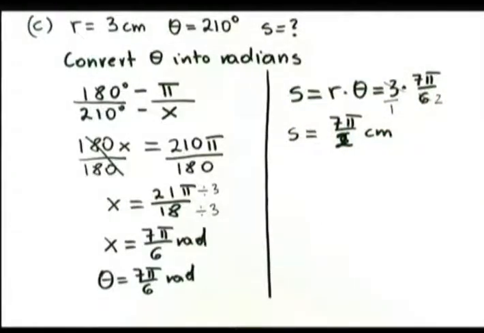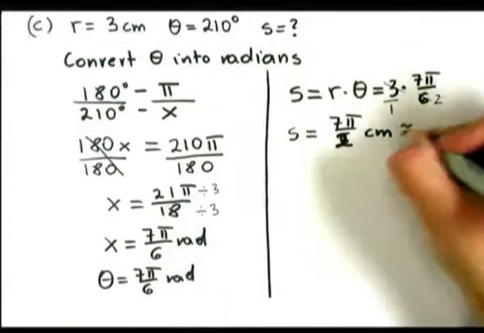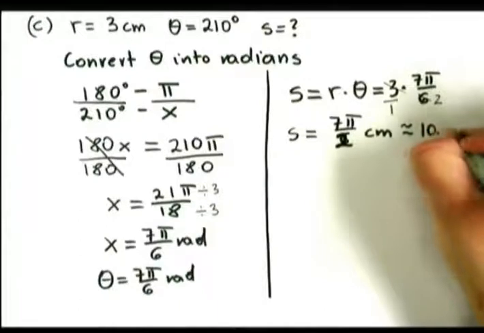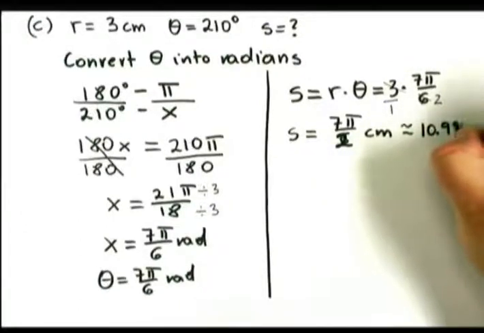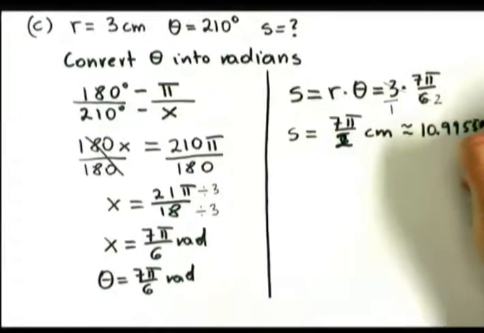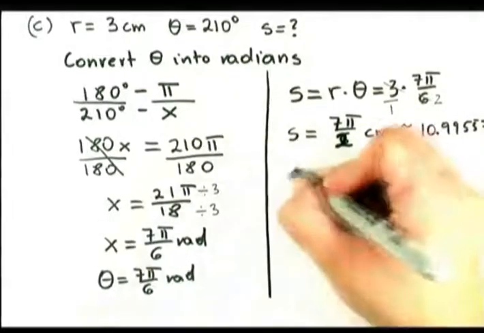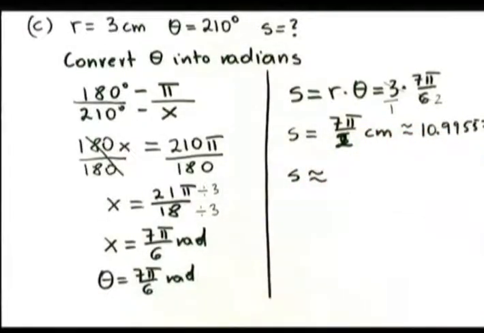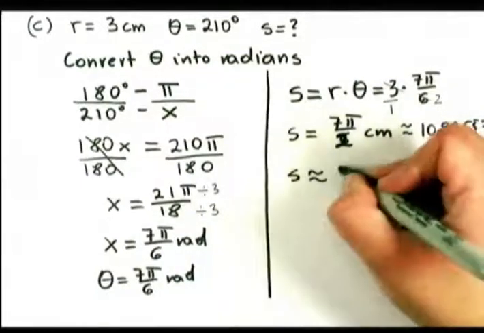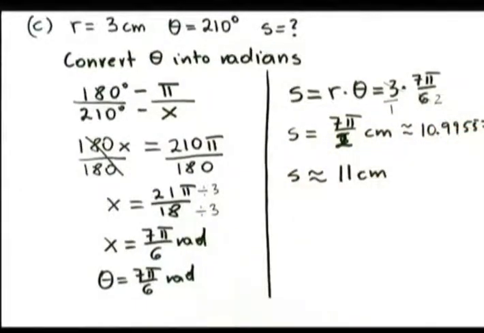Or if we want to get the approximate value, then we can multiply 7 times pi. So the approximate value is 10.99557 centimeters. So this arc length is approximately 11 centimeters.